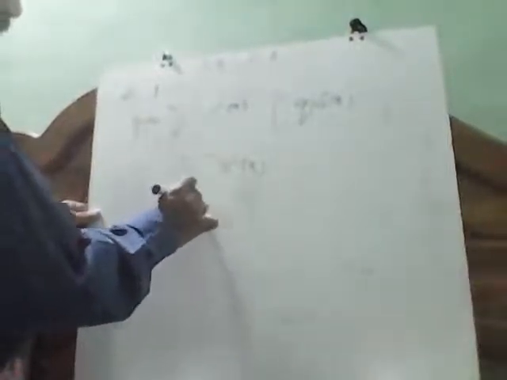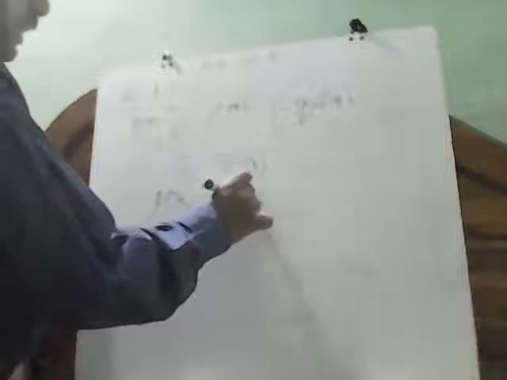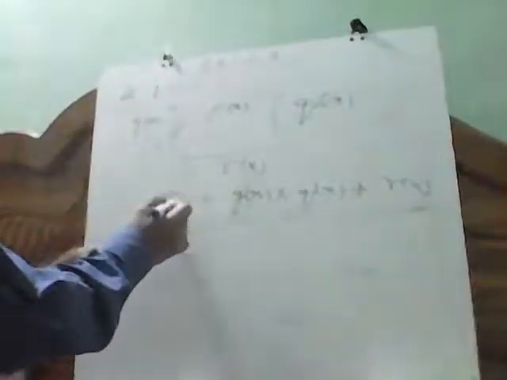Your division algorithm is p(x) equal to g(x) into q(x) plus r(x). You know this fact. Still, I am writing it: it is your division algorithm for polynomials.